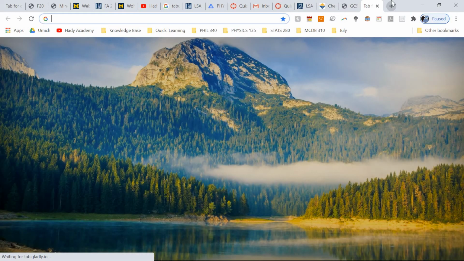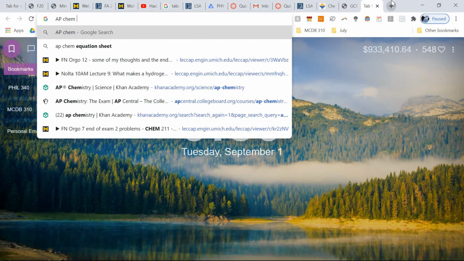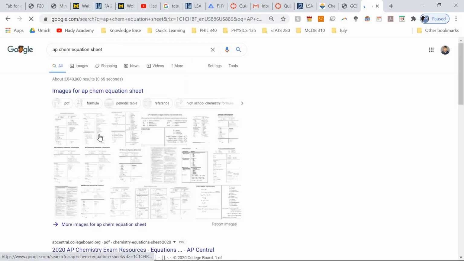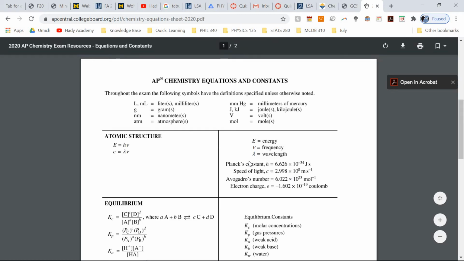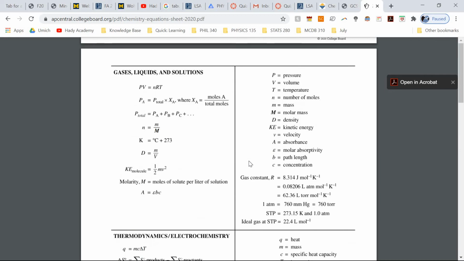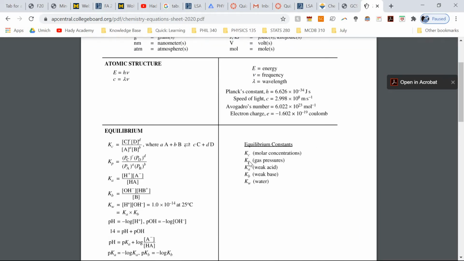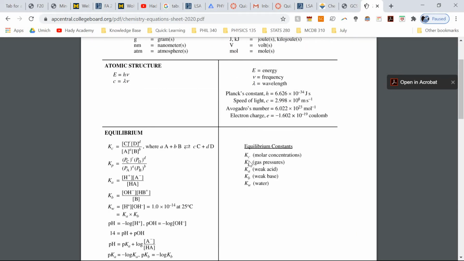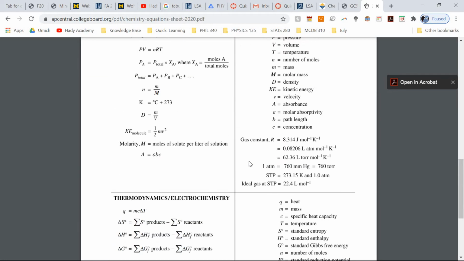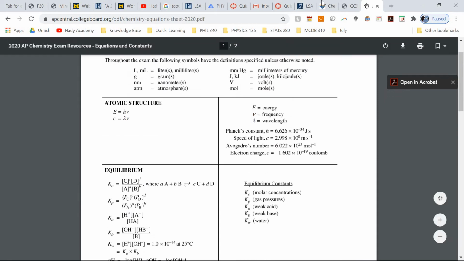But Mr. Voss takes the AP class, which is smart, and has one of the equation sheets. I guess it's an equation sheet. I mainly want the solubility table. Yeah, a lot of equations. Well, not very many. I don't even know if I used this on the test. I don't even remember using this on the test.